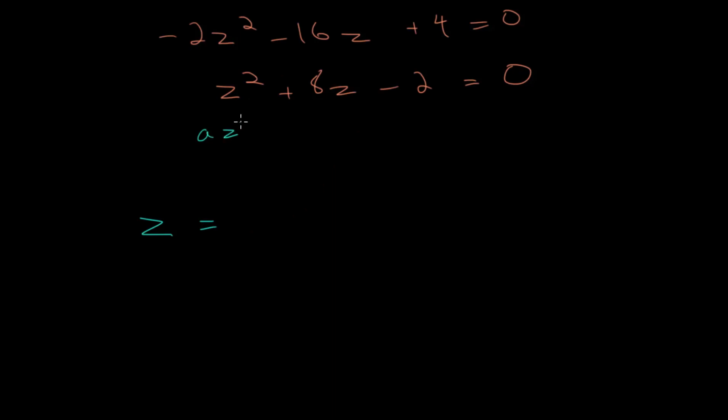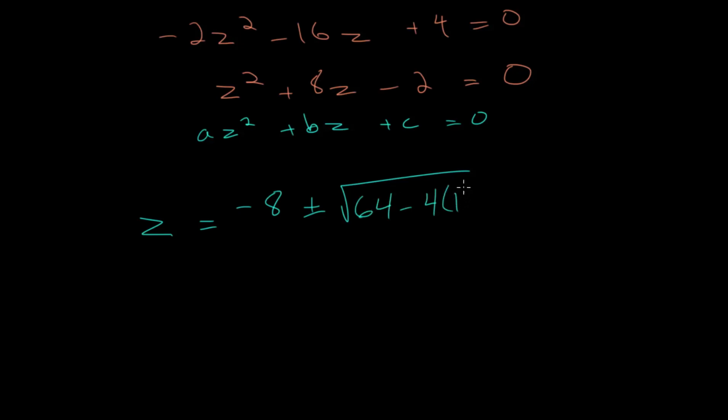Remember, we have az squared plus bz plus c for that quadratic formula, though usually you see it with x, but it doesn't matter. The coefficient on the linear term, we take its opposite. Then we put plus or minus the square root of b squared. So we have 64 minus 4 multiplied by a, which is 1, times c, which is -2. All this is divided by twice a, or 2 in this case.